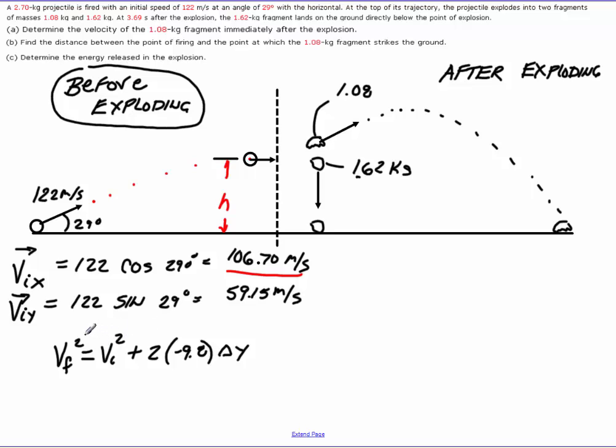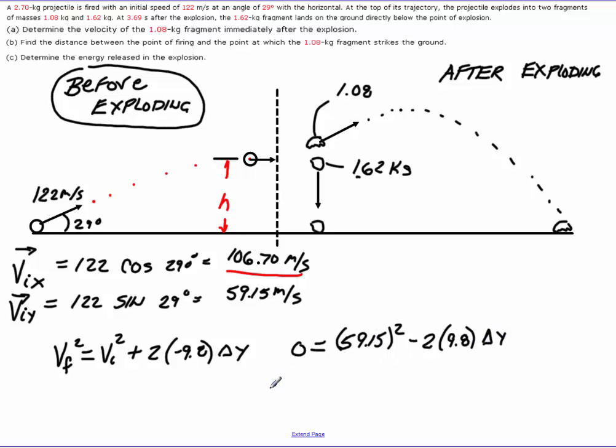Now we're going to use this equation only in the y direction. Again, we know at the top it's going to be 0, so we'll say 0 is equal to 59.15 squared, and then we'll just make this minus 2 times 9.8 times delta y.